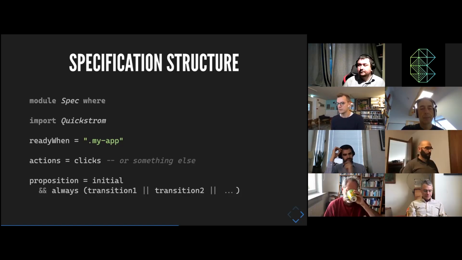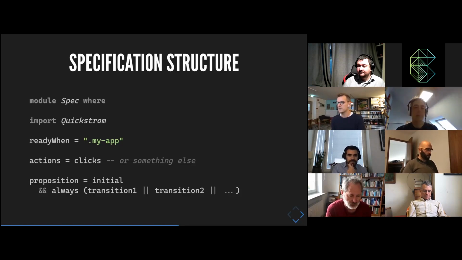the specification itself, really. And if you do a state machine kind of spec, then you have this initial state predicate, and then you say always it's going to be either that transition or the other, or so on. So you have a bunch of transitions. And this essentially expresses a state machine.